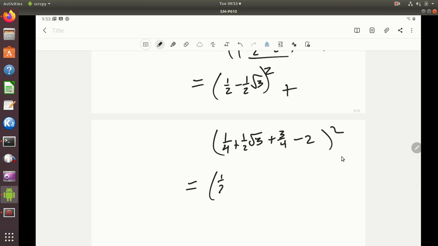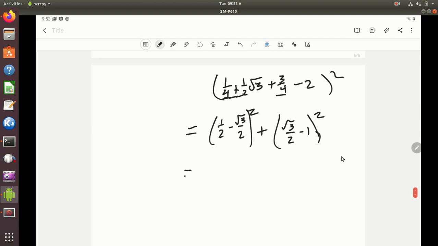So that's the 1/2 minus square root of 3 over 2 squared. And here I get the 1/4, 3/4, so that's 1 minus 2. So this one is the square root of 3 over 2 minus 1 squared.